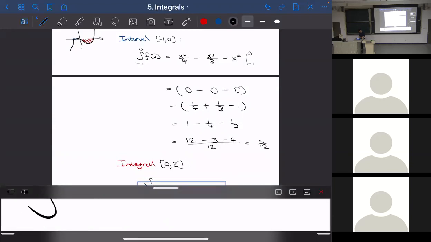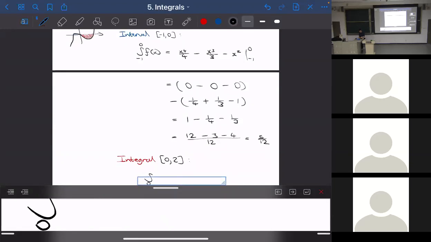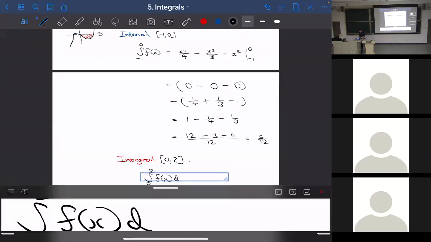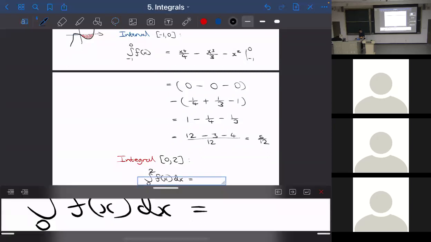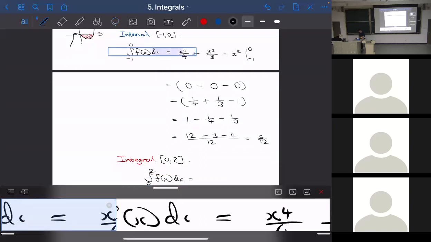So let's do this other one. So the integral from 0 to 2 of f(x) dx. Okay, so up here I've made an easy mistake to make, but a mistake which you should not make, and that's to always put that dx to say which variable you're using in the integral.